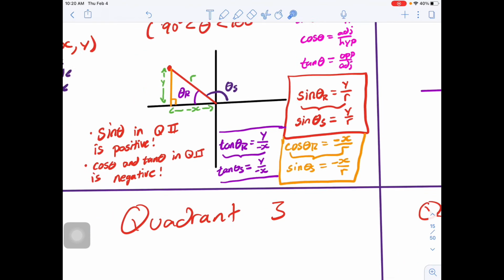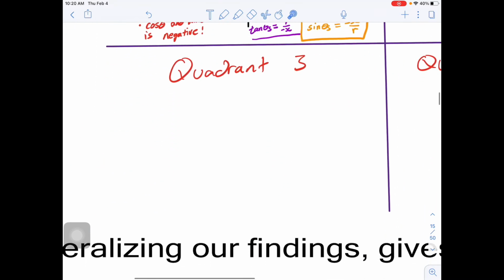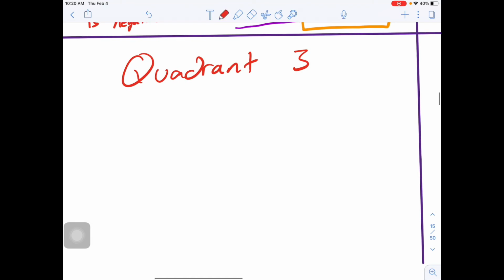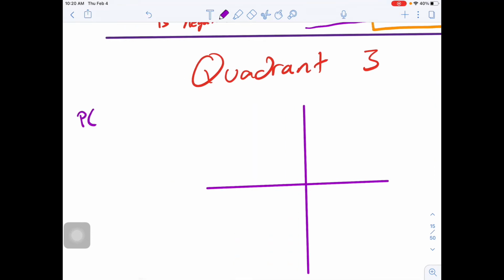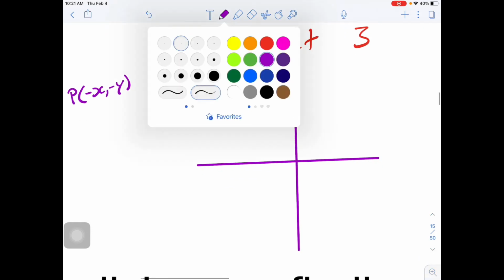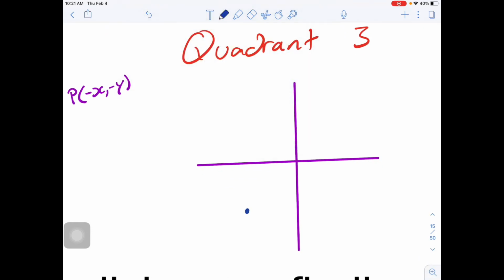Okay, so let's go to quadrant 3 here. And let's check out this one. So again, quickly draw out a Cartesian plane. And let's say we're given a point, negative x, negative y. So if we're given a point negative x, negative y, we're going to be found somewhere down here. And again, what you're going to want to get used to, as soon as you're given a coordinate point, draw a terminal arm.